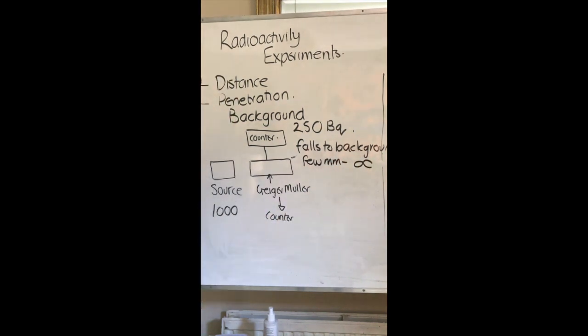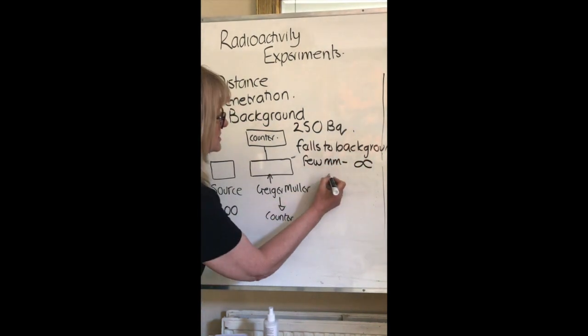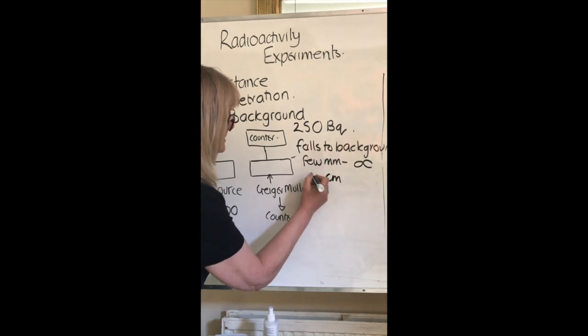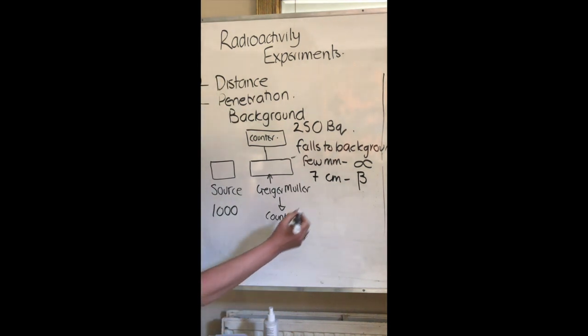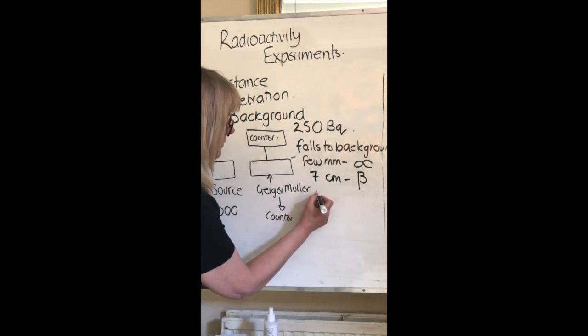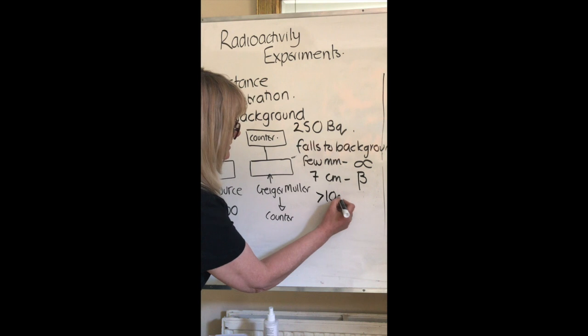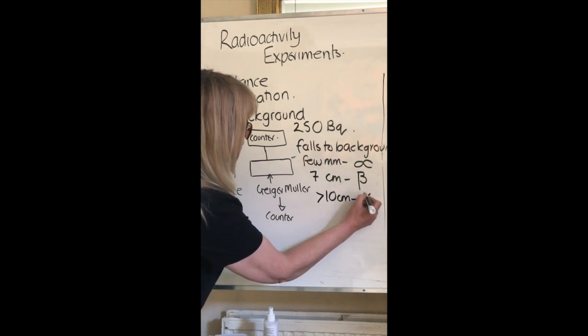A few centimetres from the source, say 7 centimetres, we know that it's beta. And if it's beyond that, let's say beyond 10 centimetres, then we know that we've got gamma.